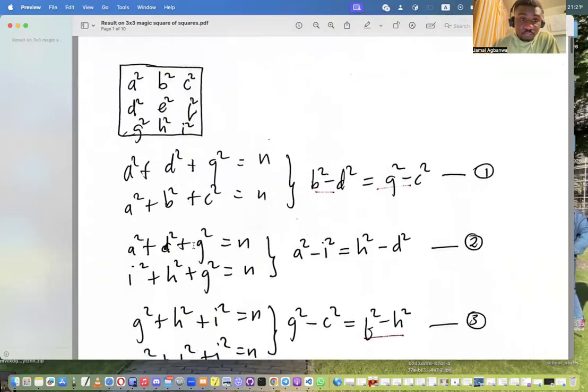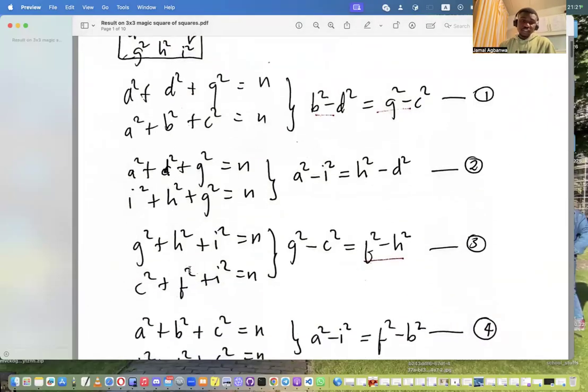I took this side and that side, and we find that these two sides have the unknown A in common. If you subtract, you get d squared minus b squared plus g squared minus c squared, and when you work out the math, you get this as a first equation.